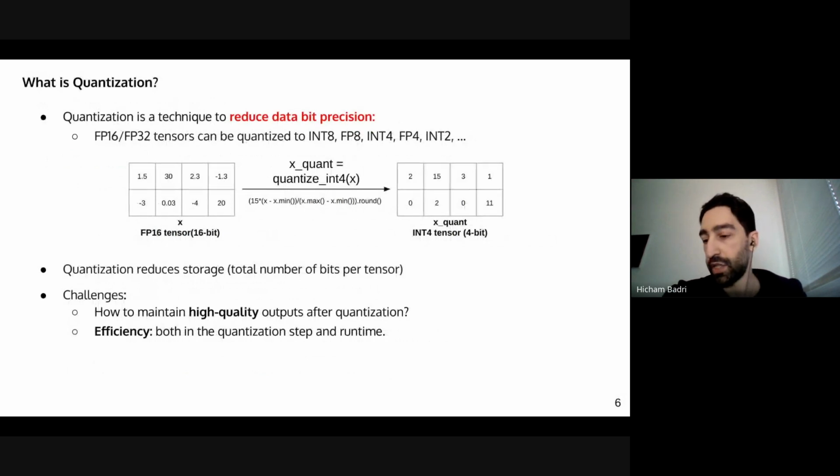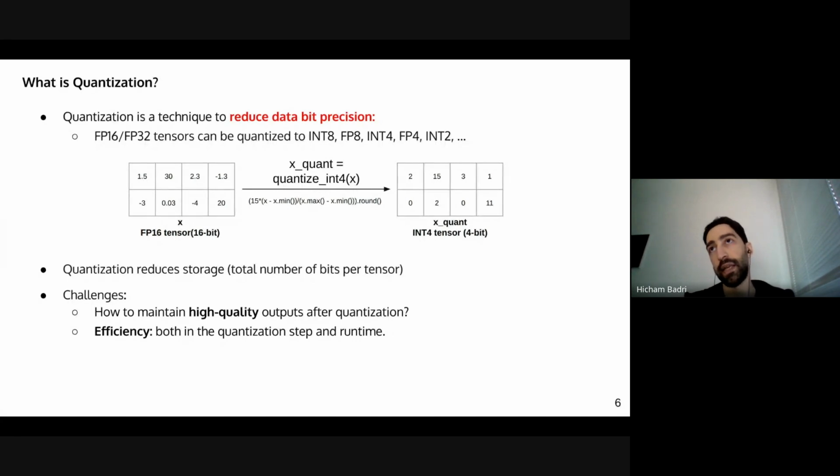What is quantization? Let's get back to the basics. Quantization is basically just a compression approach. All it does is reduce the data bit precision. Think about it as reducing the number of bins to represent one element. So let's say you have 16-bit floating point, and then you map those values.